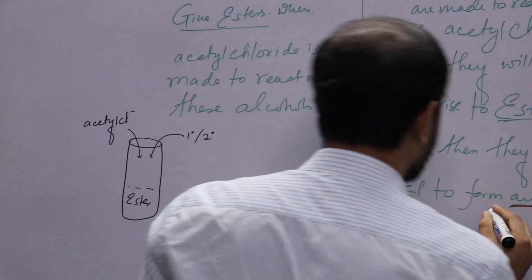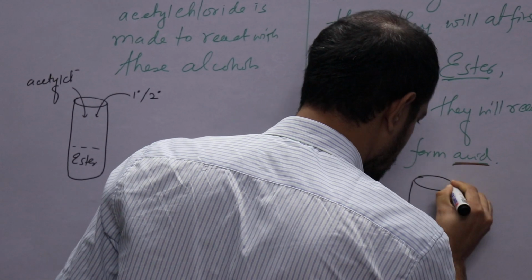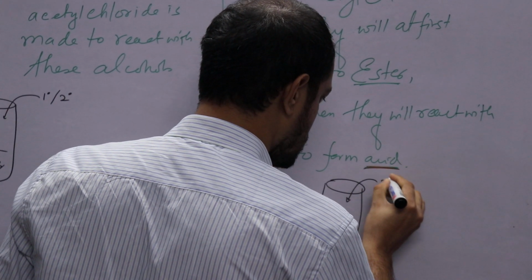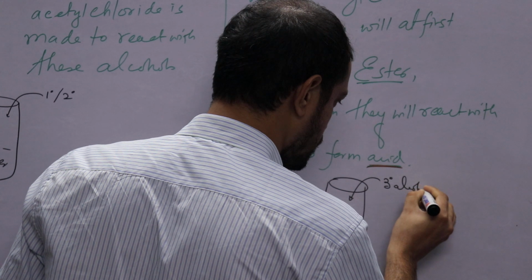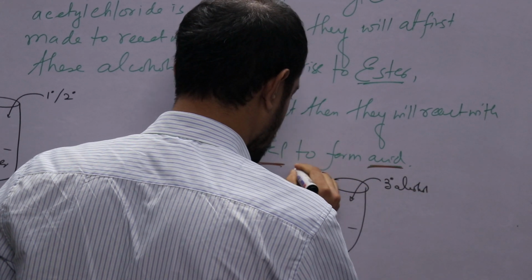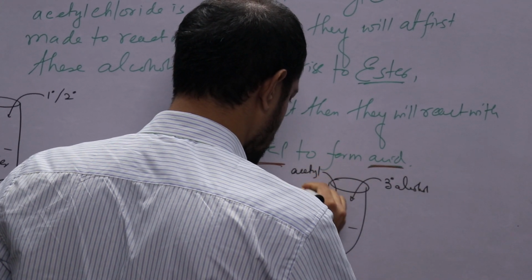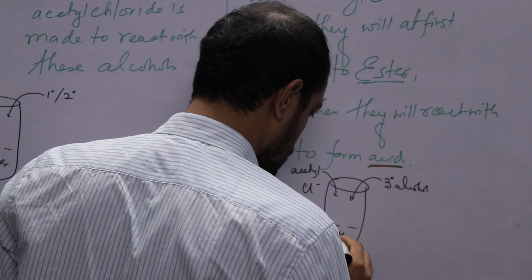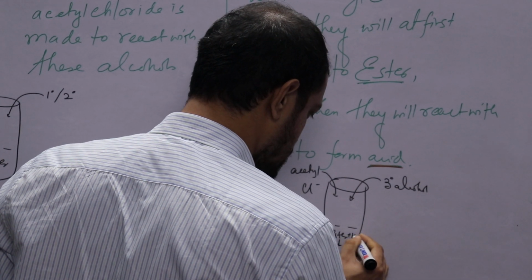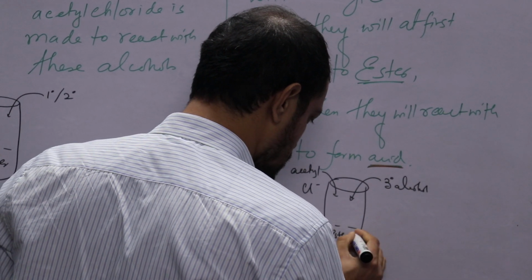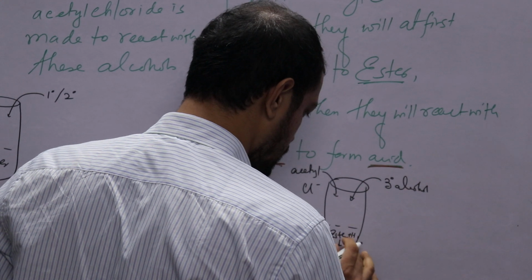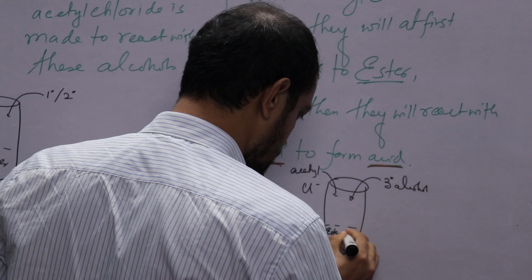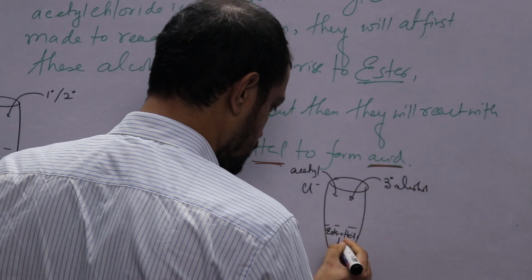But if in a test tube you have given 3 degree alcohol and together with that acetyl chloride, then you will at first get ester, then ester will react with HCl to give what?